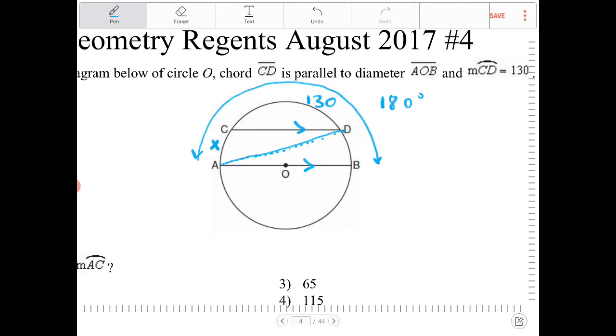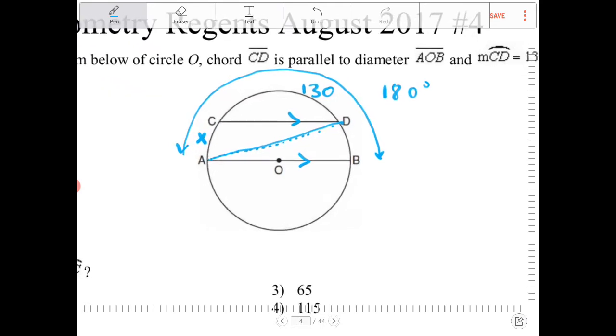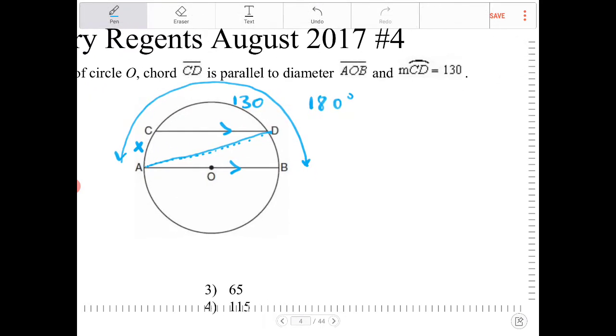Now, look at this. Because arc AC is X and angle CDA is the inscribed angle that intercepts arc AC, we have an understanding that whenever you have an inscribed angle and the intercepted arc, the angle is going to be 1/2 of the arc, right?